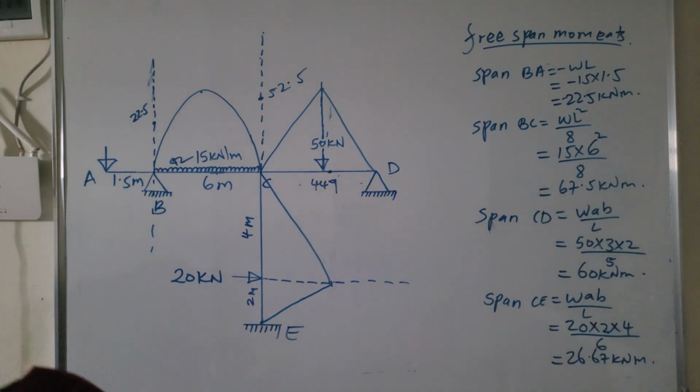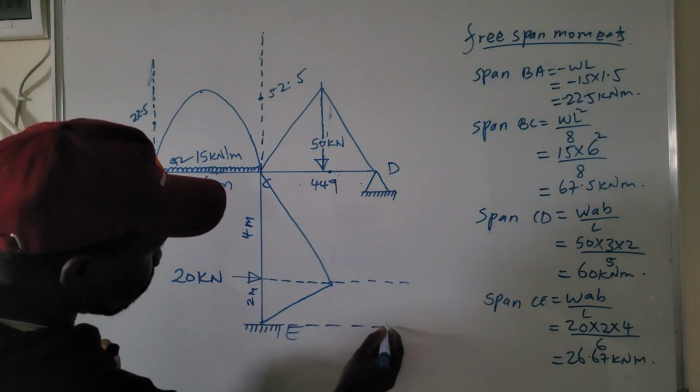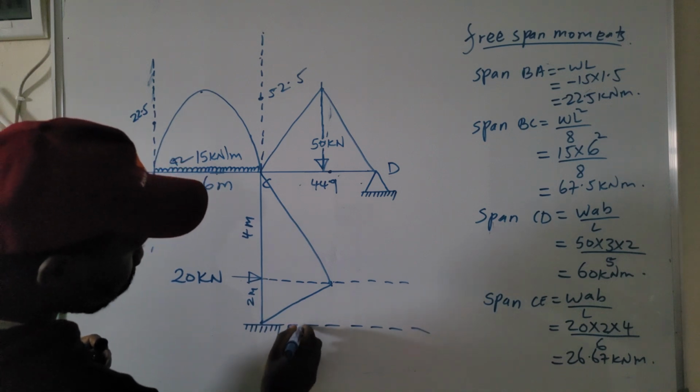And then we proceed to CE or EC, 7.3 along this line. 7.3 around there.